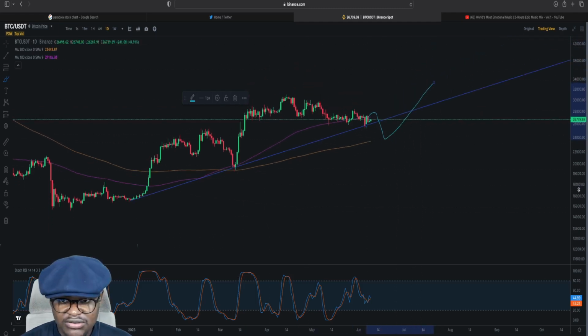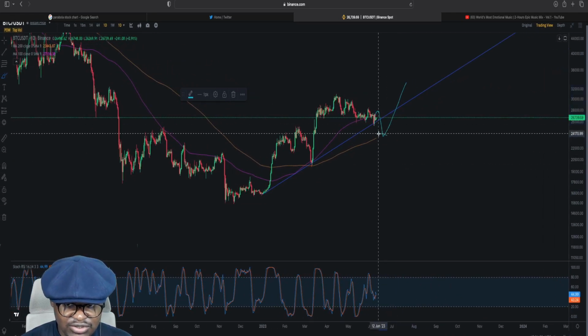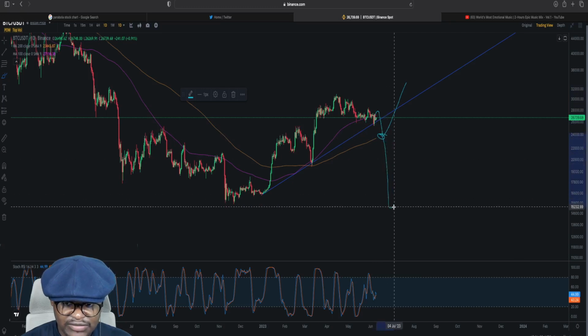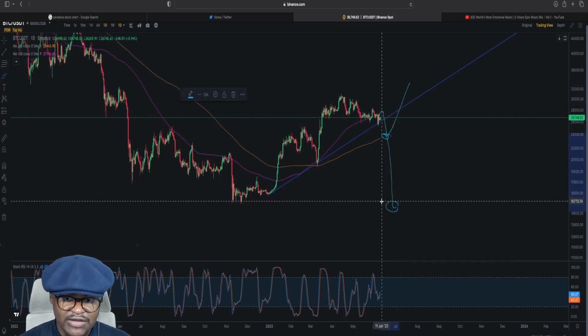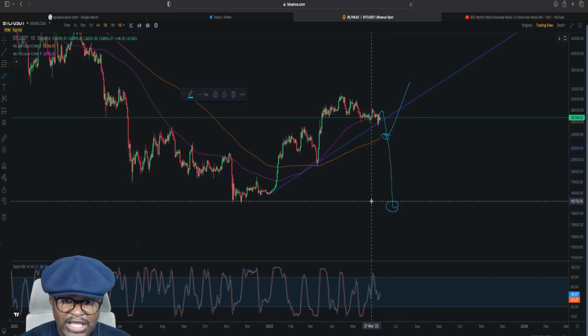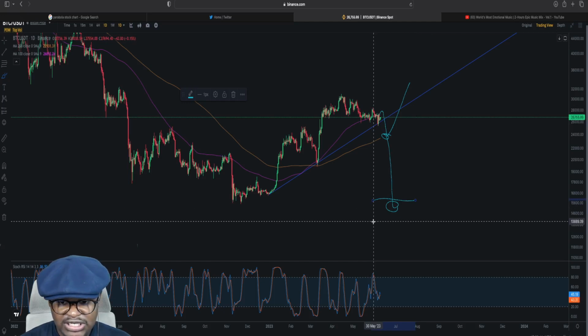Now, as we also covered in that video, we did say that if this thing does not hold around here, but instead plummets down to around 14k, we have the 1.4 fib at about 15k, and we have the 1.618 at about 13k.